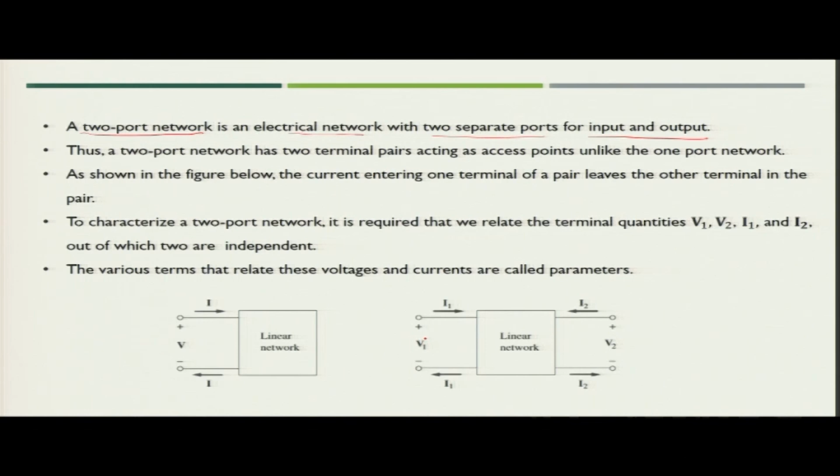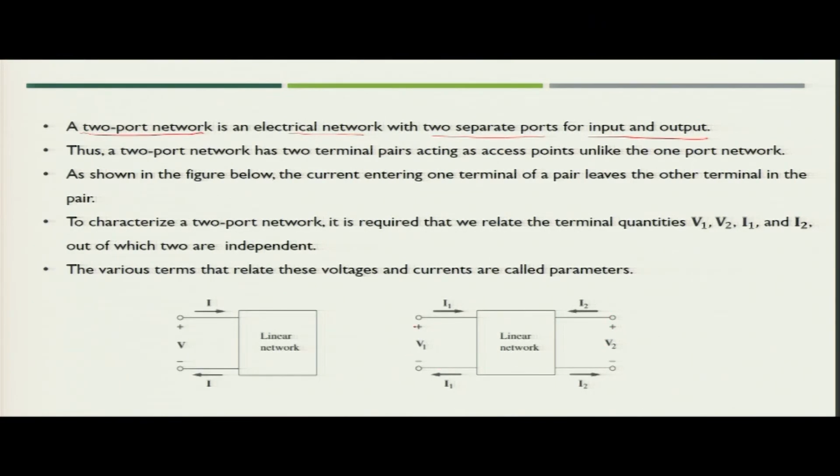If you have a pair of two terminals, meaning you will have two ports, then you will give current, say I1, to the network, and it will come out from the other terminal, and at the other port you will give current I2 and it will come out from the other terminal.